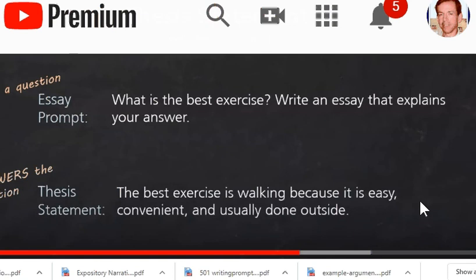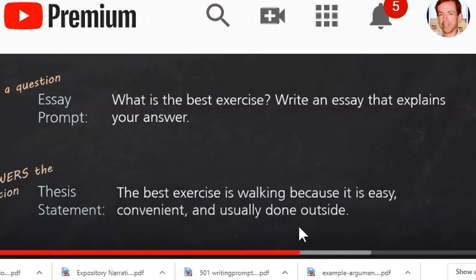This thesis is fairly long, and it's actually specifying the 3 reasons why walking is the best exercise. And I think it works here because it can do it in one word. The second paragraph, first body paragraph, is going to be how it's easy. The third body paragraph is going to be how it's convenient, explaining all of that.